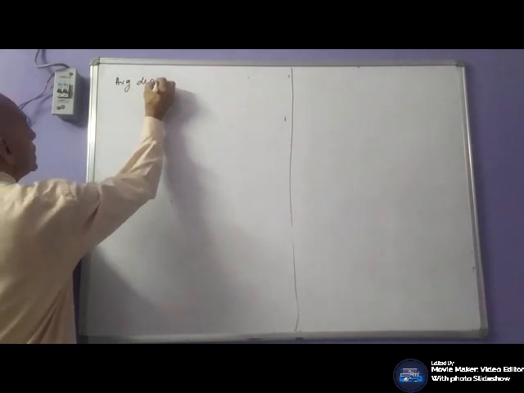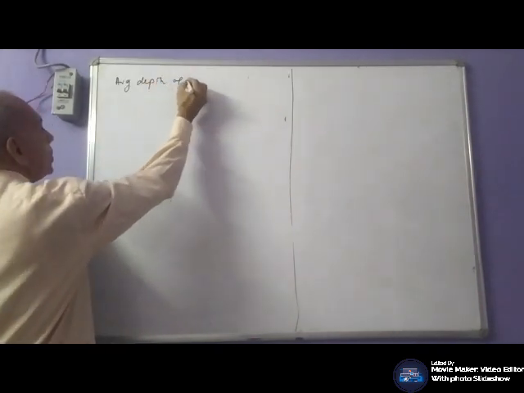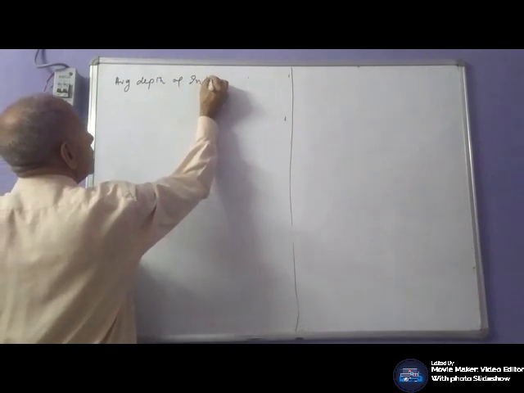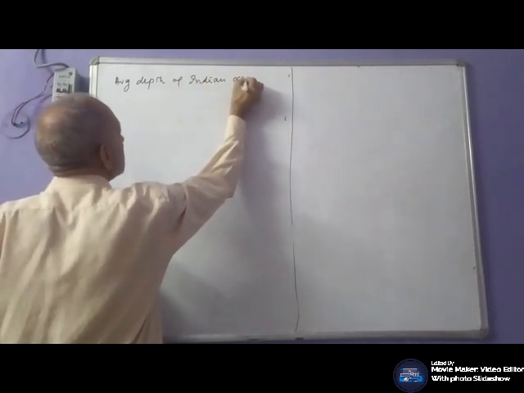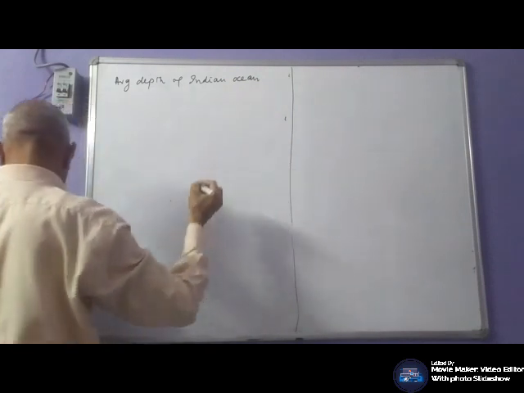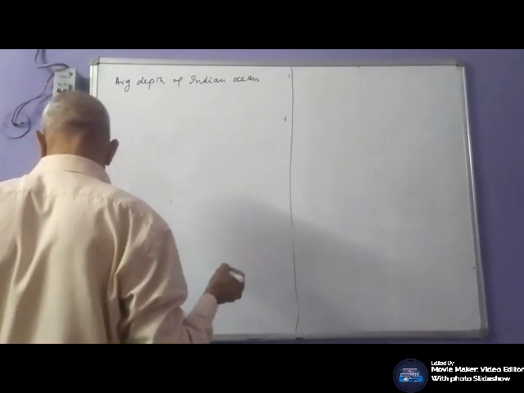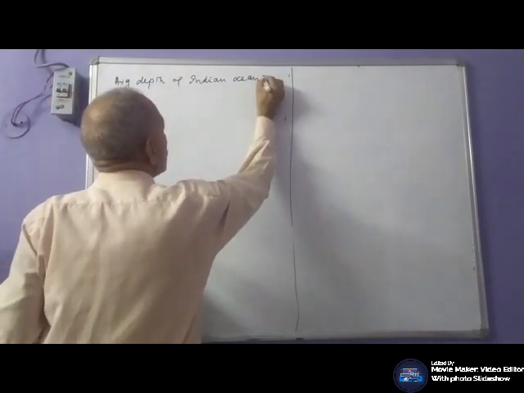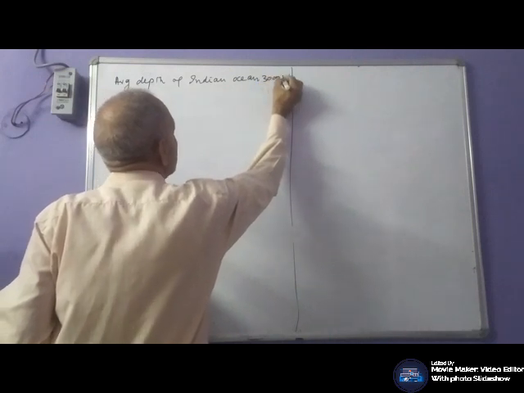Average depth of Indian Ocean 3000 meter.